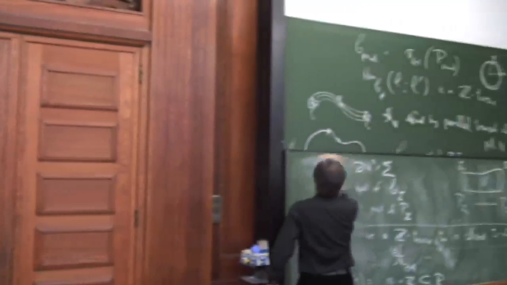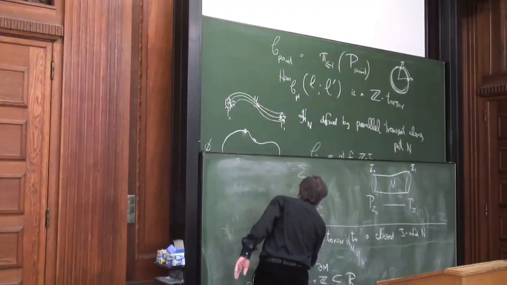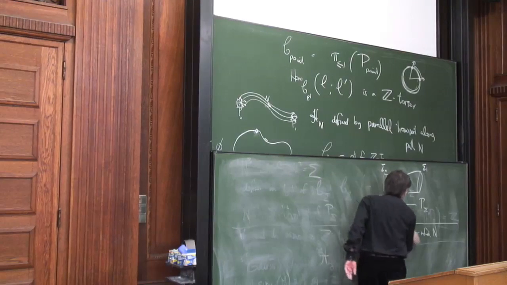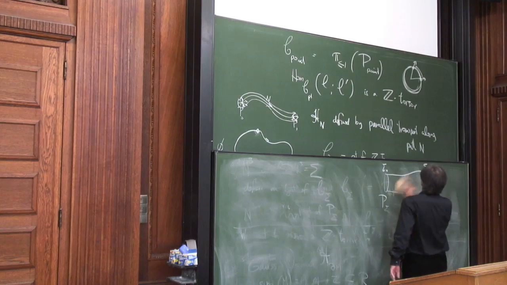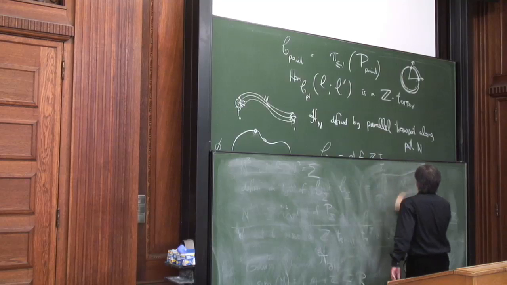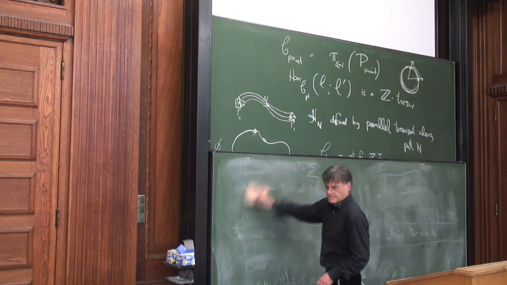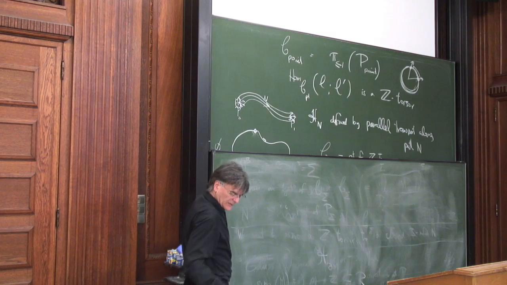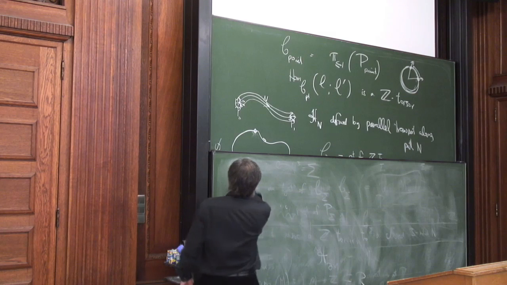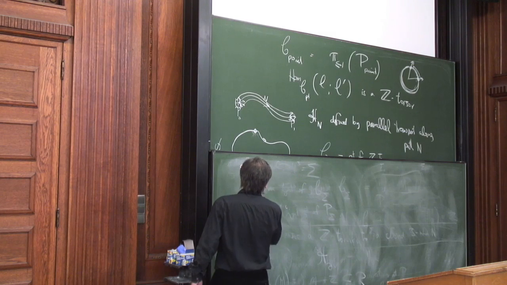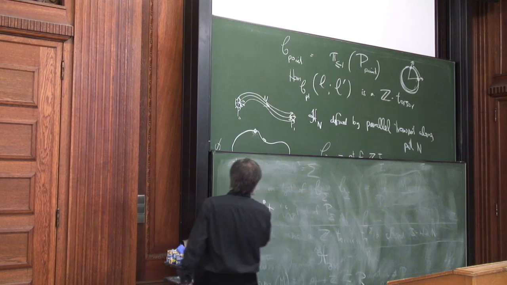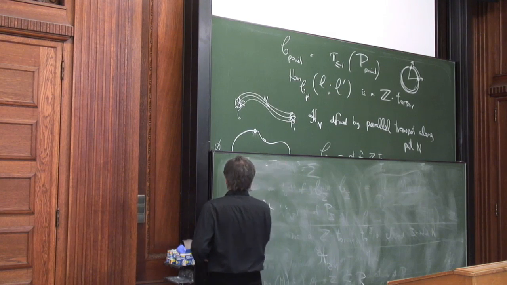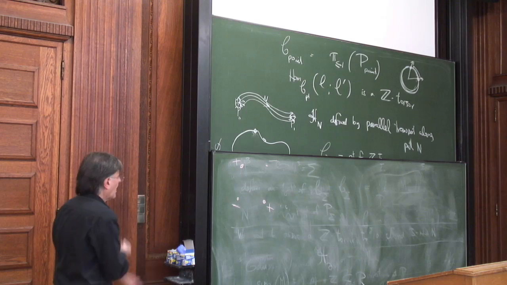So let me just say a little word about, let's talk about one of the red cobordisms. We have two incoming vertices and two outgoing vertices. So I'm just going to magnify one of those rectangles.